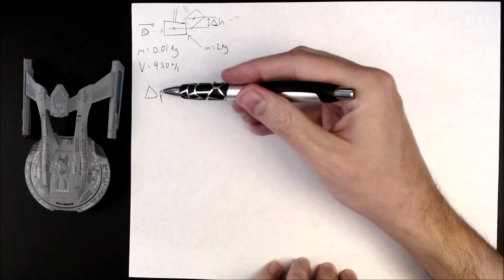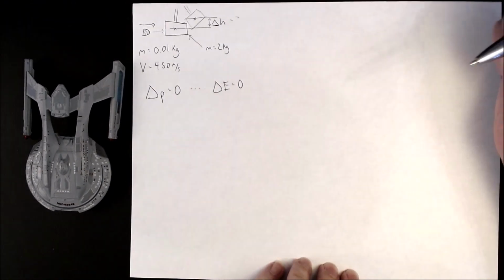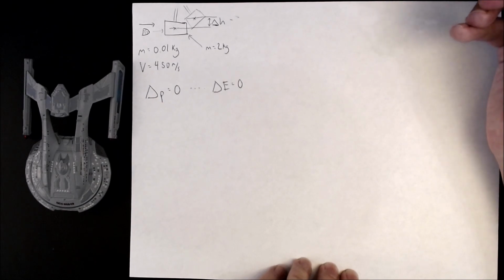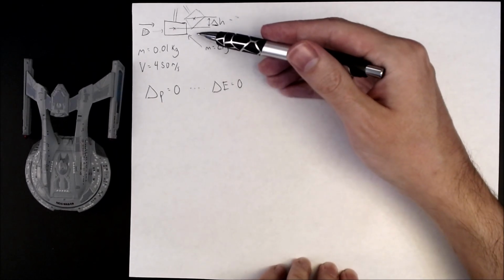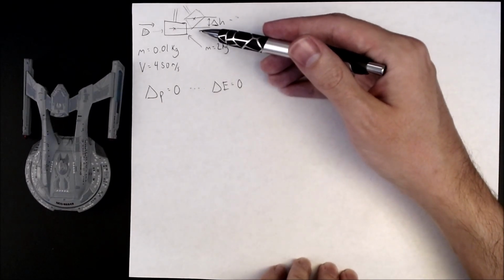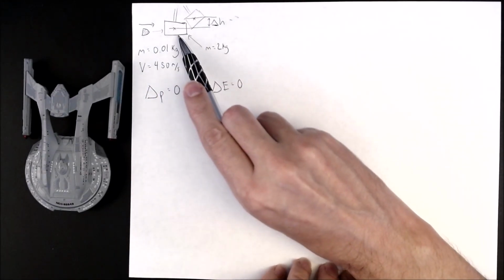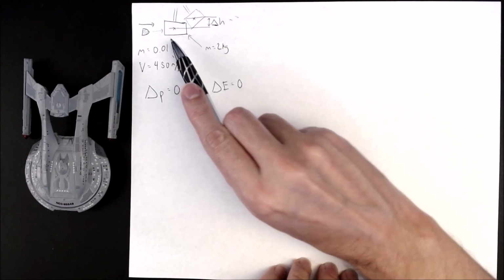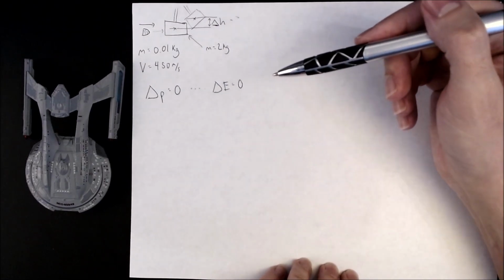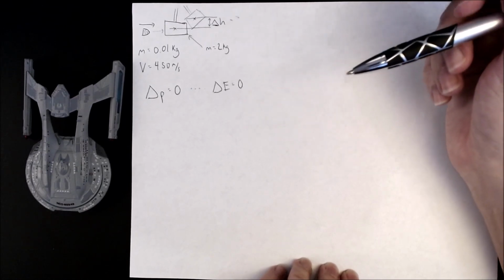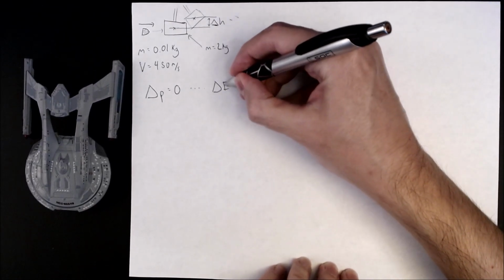Now often when you have a delta P is equal to 0 and a delta E is equal to 0, that means that we are doing an elastic collision, but this very clearly is not an elastic collision. This is a perfectly inelastic collision because the bullet gets lodged in the block. Review those slides about the difference between elastic, inelastic, and perfectly inelastic if you need to.